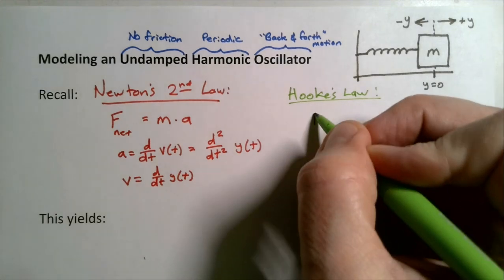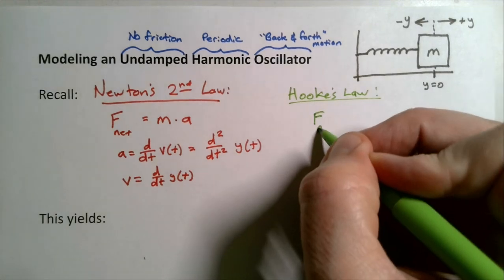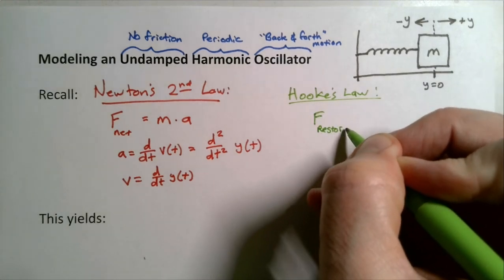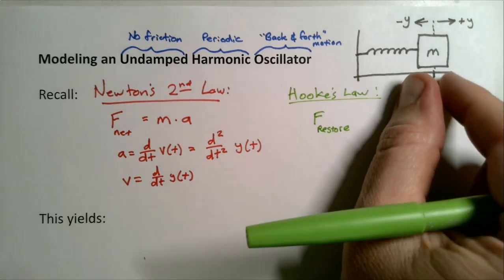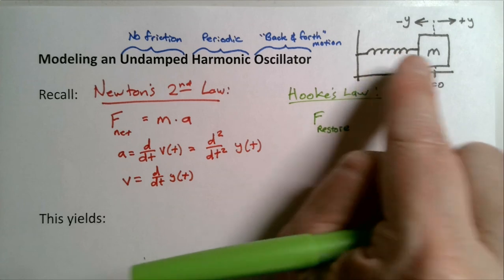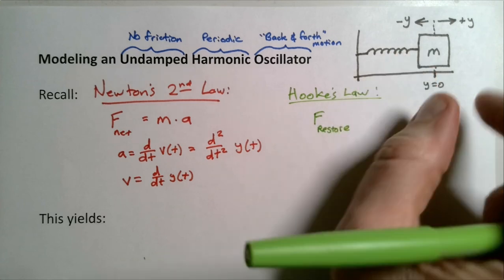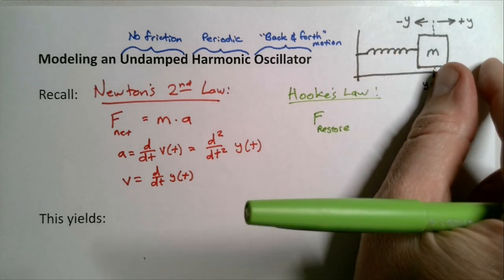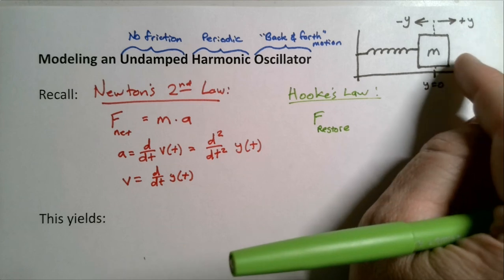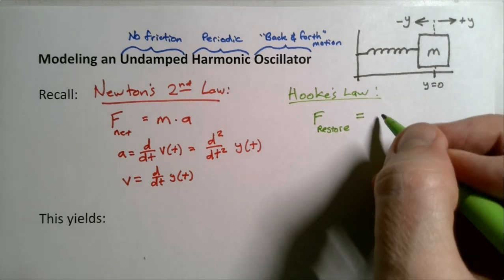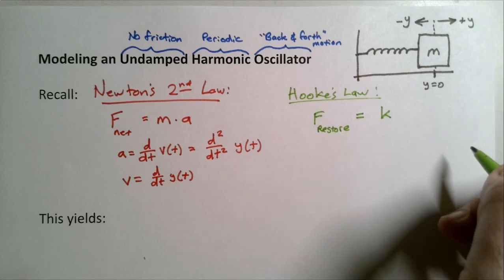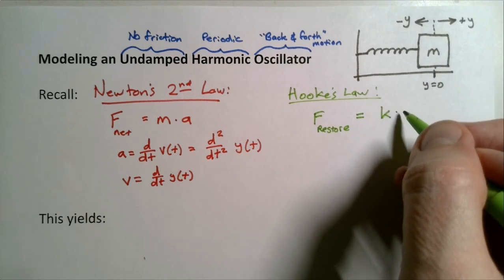And what he says is that there's a restorative force, the force that restores the mass to its position. So if I move it this way, the force is going to push to try to restore it to its position. If I stretch the mass this way, it's going to try to pull it back to restore it to its position. And the restorative force is equal to some spring constant k times position y.